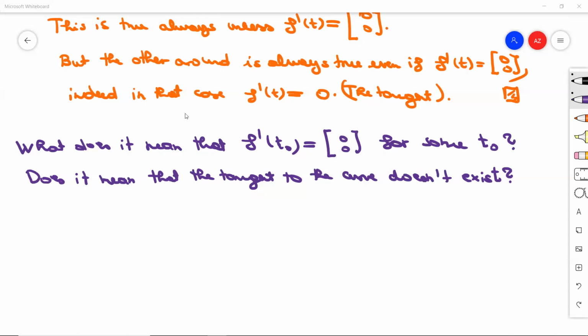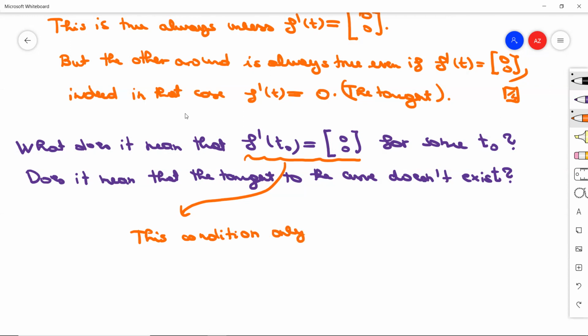So this condition only means that at t equal to t naught, the velocity is 0 in every direction.